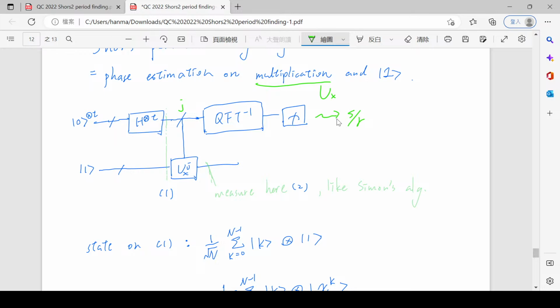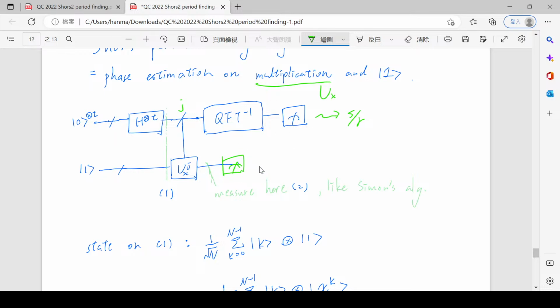Okay? And now we are basically trying to analyze this in different steps. So what we are going to do is we will add a measurement here. So this is very similar to Simon's. We are using the fact that you can measure any qubit alone, right? Because these qubits and these qubits are not interacting anymore. So what you do here shouldn't really matter here.